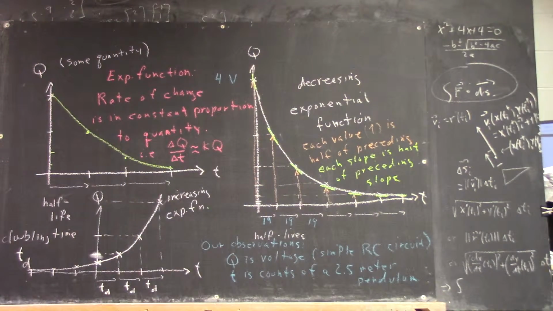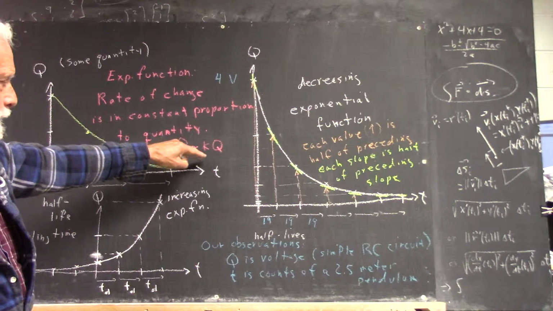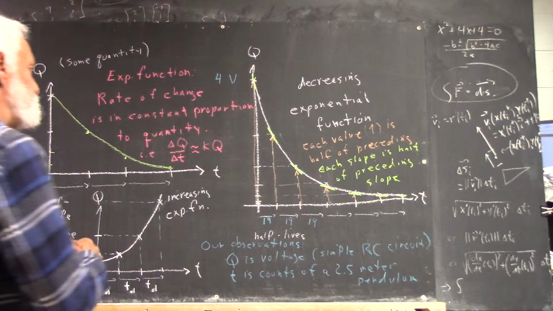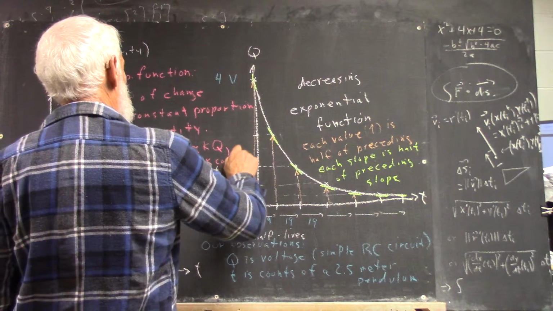And we could write that in mathematical language as delta Q over delta T is approximately equal to K times Q, where K is constant.